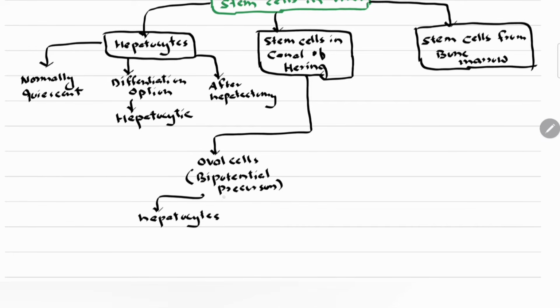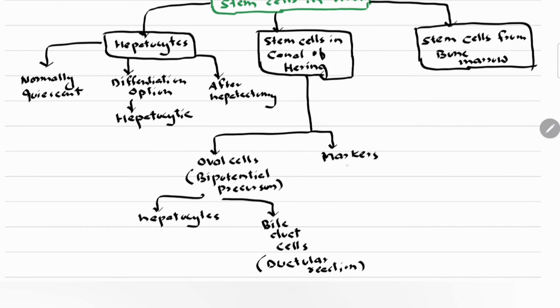The ductular reaction we see on biopsy is because of these oval cells. And the markers for these oval cells are AFP, cytokeratin 19 and GGT.